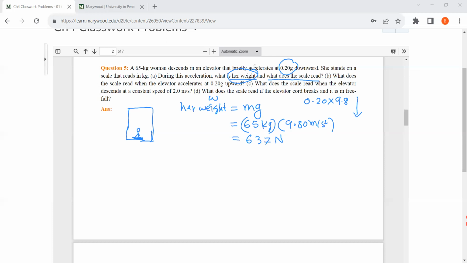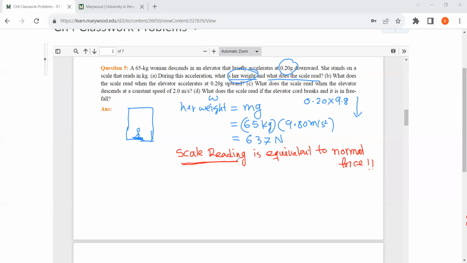Now, what does the scale read? Something to remember is, when a question says that someone is standing on a bathroom scale or some scale, the scale reading is equivalent to the normal force.